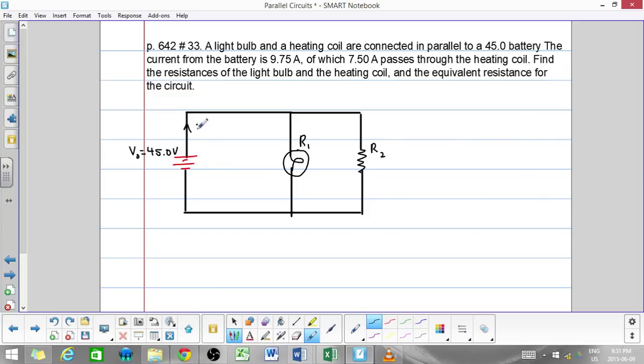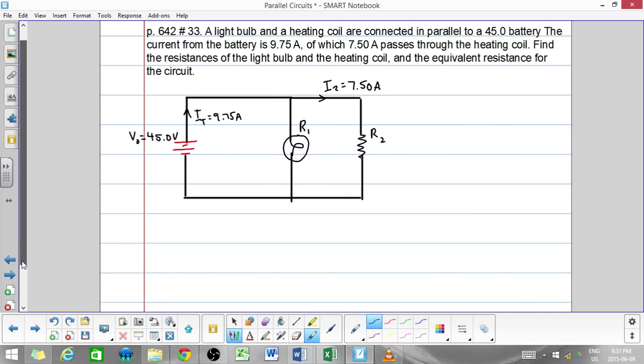That's the total current for the circuit. And 7.5 amps of that passes through the heating coil. So that would be I2, 7.50 amps. And then we're going to find the resistances of the light bulb and the heating coil and the equivalent resistance for the circuit.